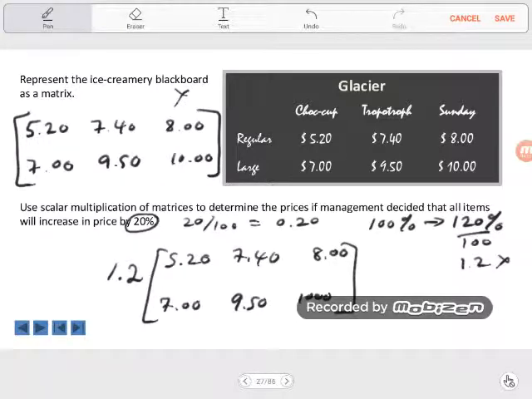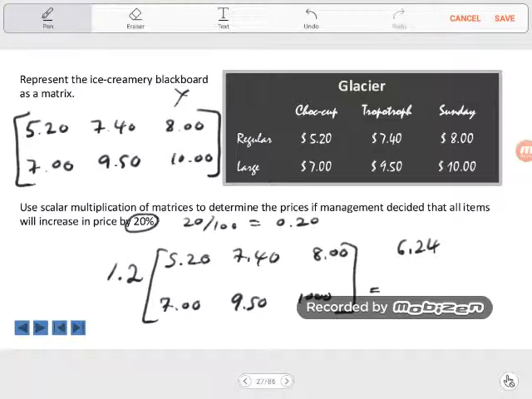Okay, so you might want to pause the video and see if you can get the right answer, then I'll do it. Okay, I'm going to do it now. 1.2 by 520 is now $6.24.